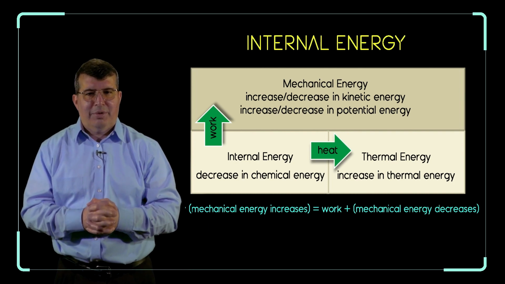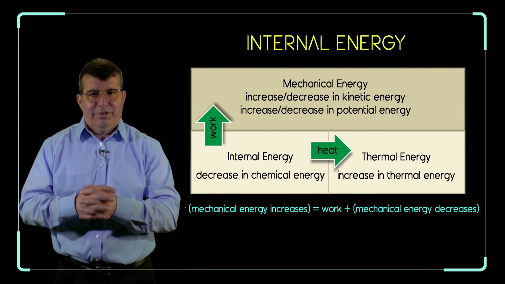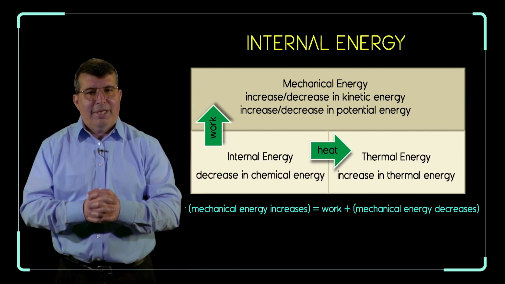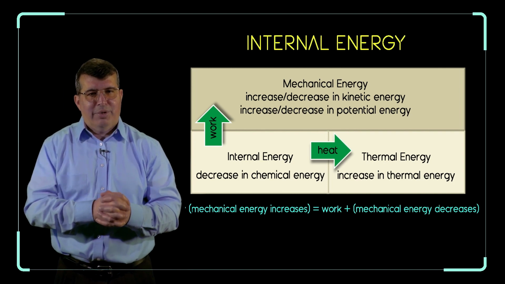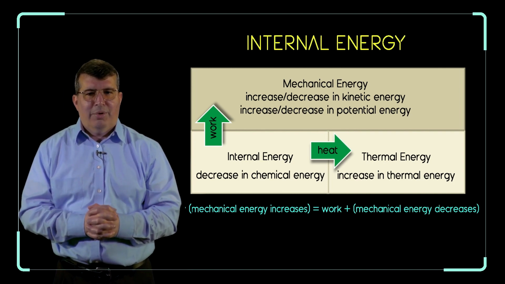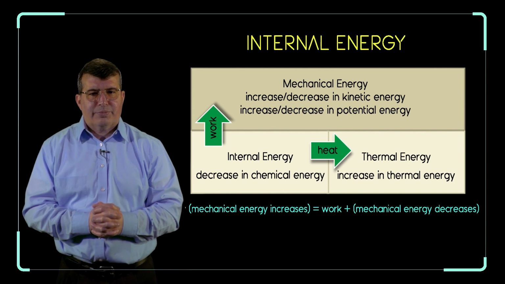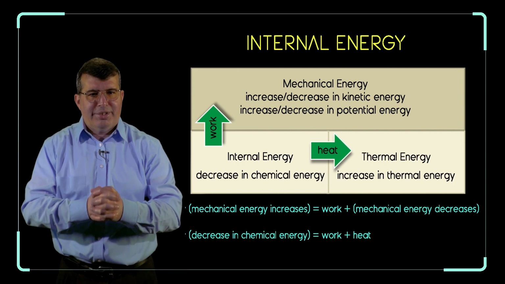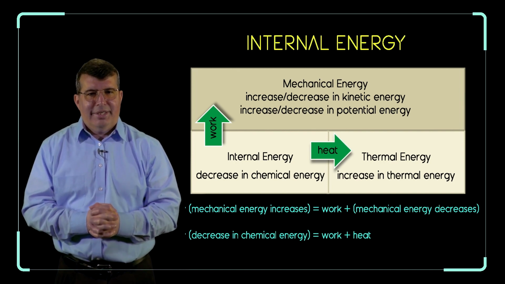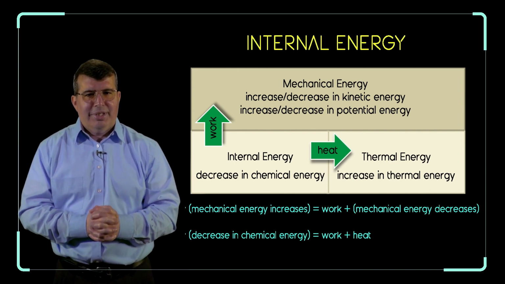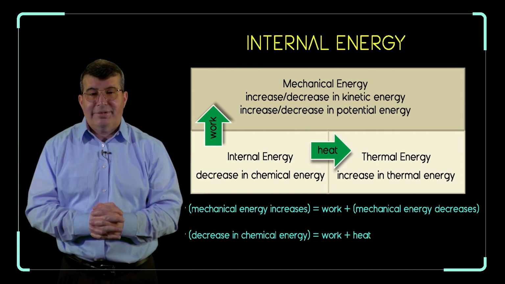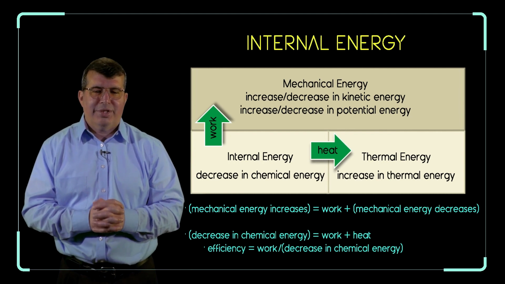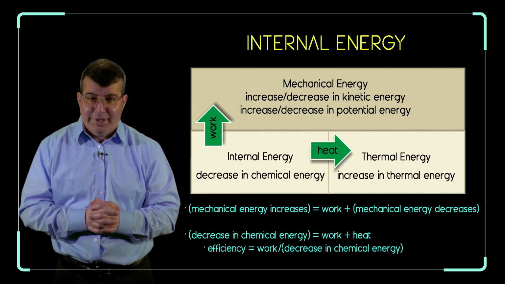So decreasing chemical energy is transformed into mechanical energy through internal work, but at the same time, a lot of that chemical energy is converted into thermal energy. So the decrease in chemical energy equals the work done plus the heat. And then efficiency would be defined as the work done divided by the decrease in chemical energy. And that's always going to be a number less than 100%.